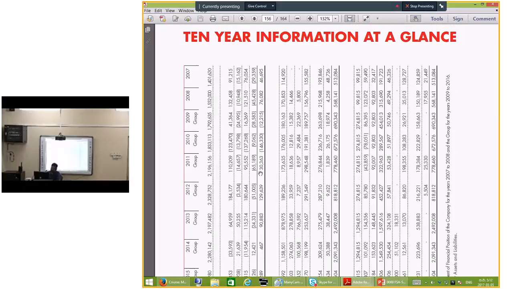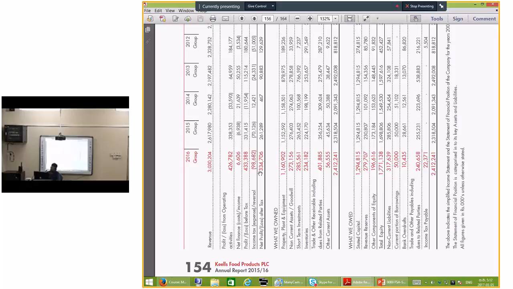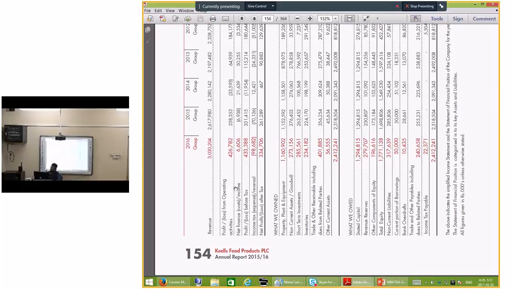You can see the details here. Profit from operating activities, net financial income, finance income, profit before taxation, income or expenses, and also net profit after taxation.